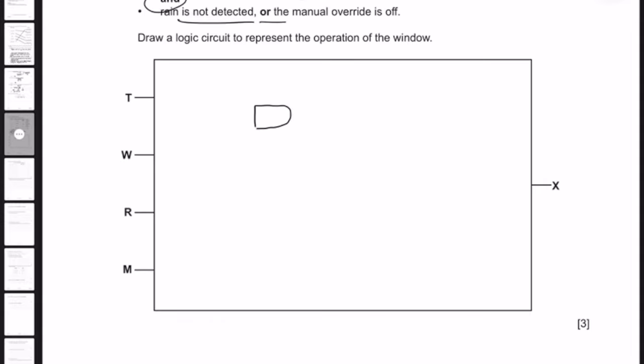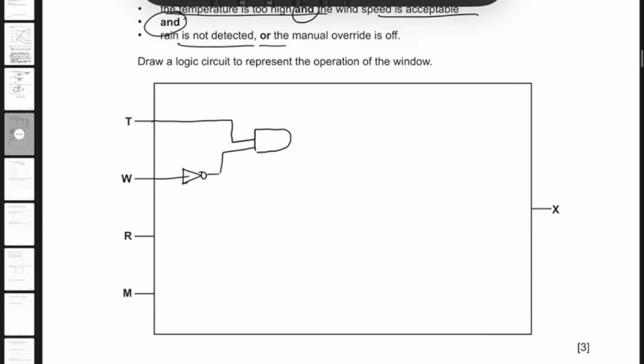Starting with an AND gate between temperature. Now, we need this to turn to a positive, right? So first we're going to add a NOT gate here and put it to an AND.